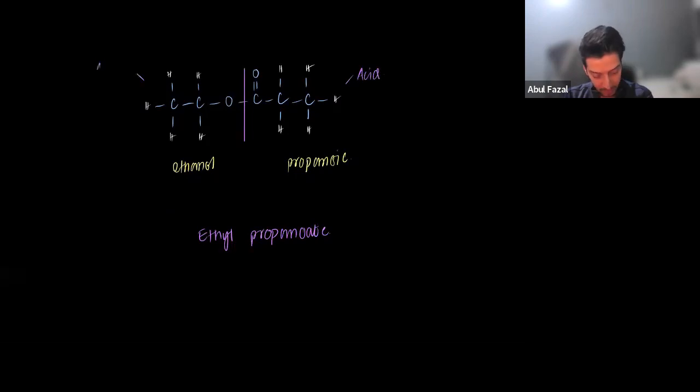So they'll join to form ethyl propanoate. Right? And those who are confused, this is the ester link. They joined over here, so I cut it up. Of course, this is the acid part. I called it propanoic. This is the alcohol part. I called it ethanol. Right? Pretty easy.